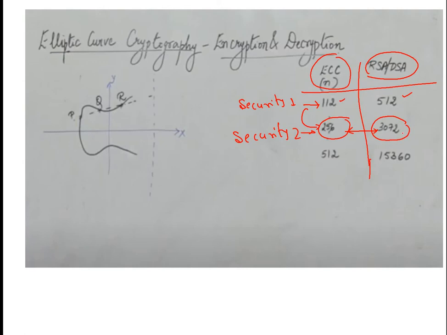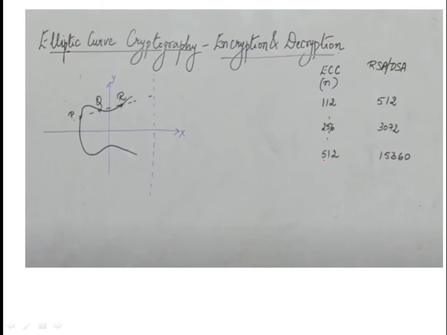If the time consumption for the calculation becomes more, the algorithm efficiency decreases. Then look at the third one. If you want a higher level of security, ECC takes just 512 bits.